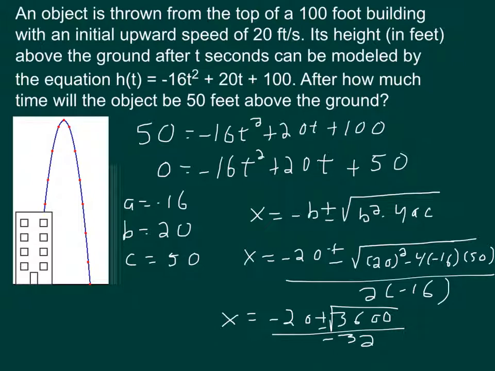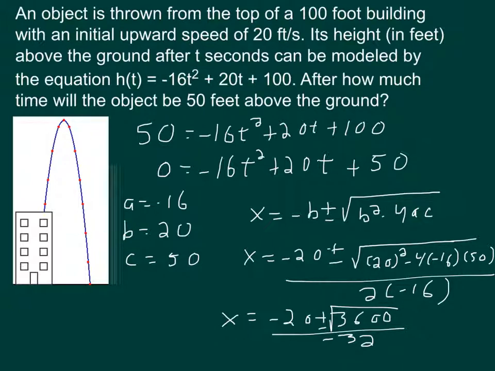So from this, I take a look and see, can I do the square root of 3,600? As a matter of fact, I can, because the square root of 3,600 is just 60.